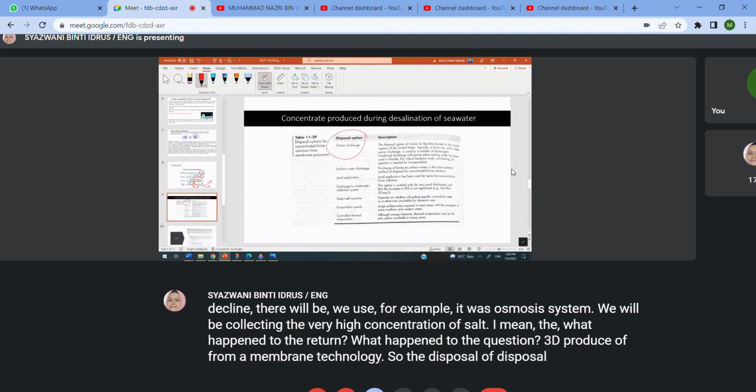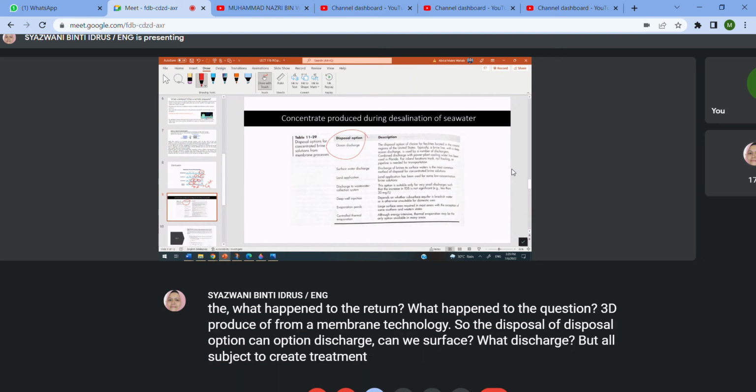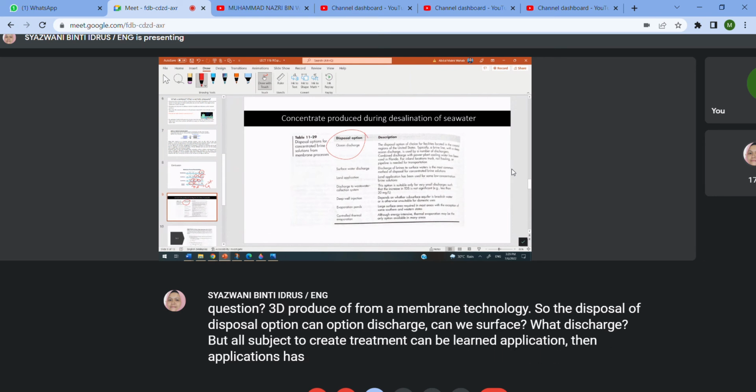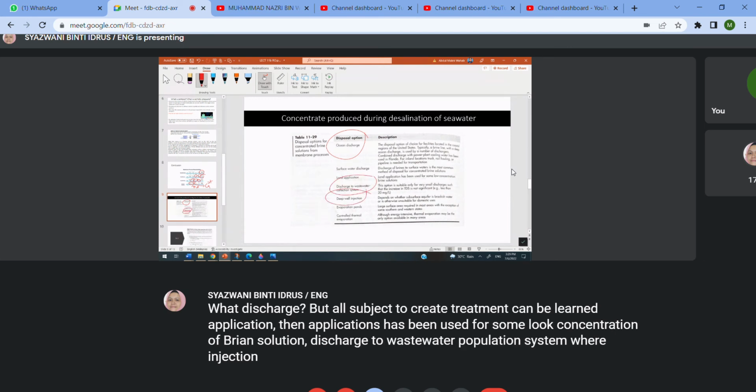The disposal options can be ocean discharge or surface water discharge, but all subject to pre-treatment. It can be land application, which has been used for low concentration brine solution. Discharge to a wastewater collection system, deep well injection, evaporation ponds, and controlled thermal evaporation.